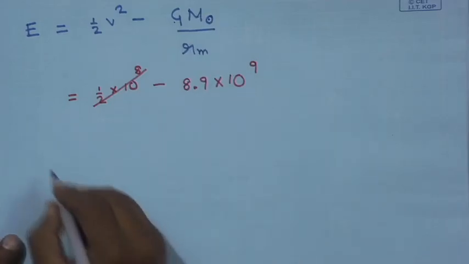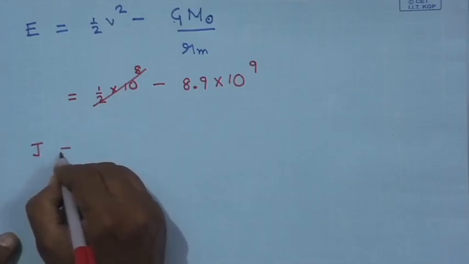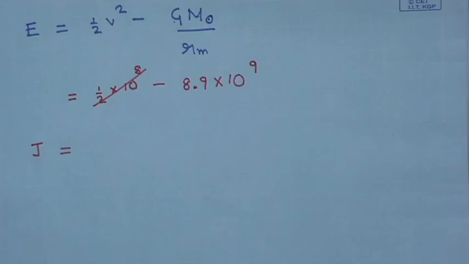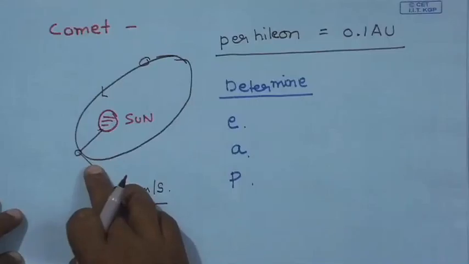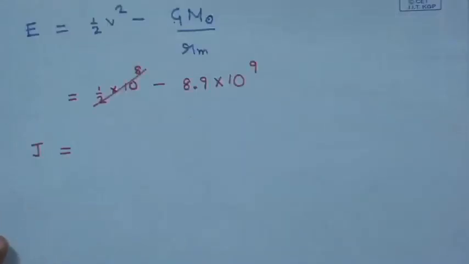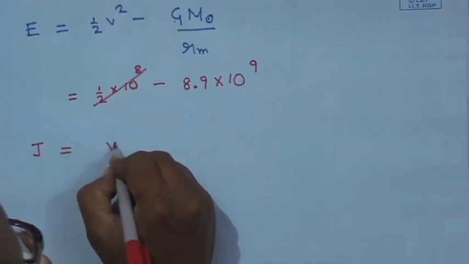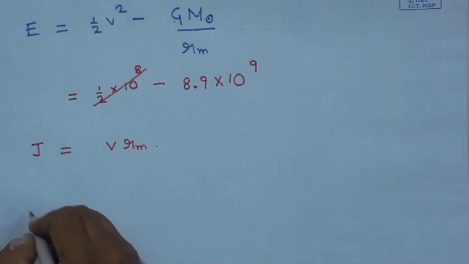Next, we also need to calculate the angular momentum per unit mass, and for this orbit you can straight away take the velocity and multiply it by the perihelion distance. It will give us the angular momentum per unit mass. So, let me just write it as v into r minimum. Now, how to calculate the eccentricity?